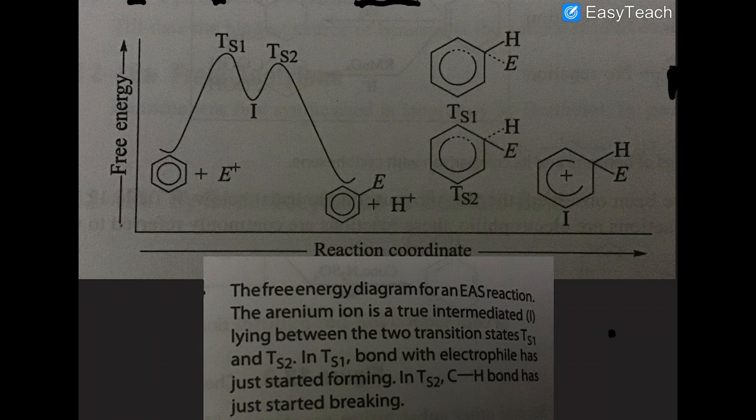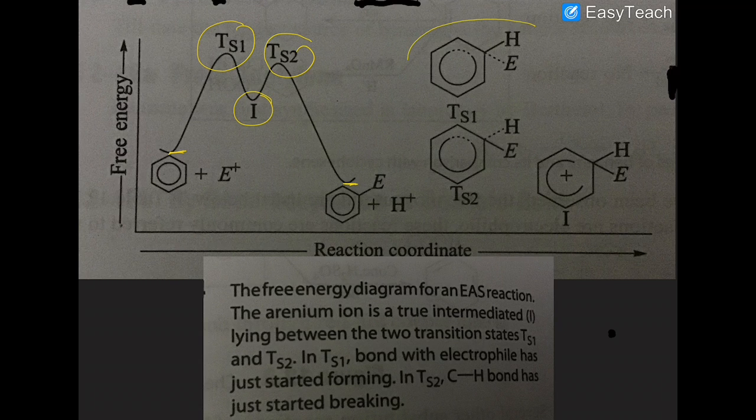Now look at the energy level diagram of this. This is the ground state of benzene and this is the formation of the product. The benzene undergoes transition state 1 and transition state 2, with intermediate 1 between them. What is transition state 1?